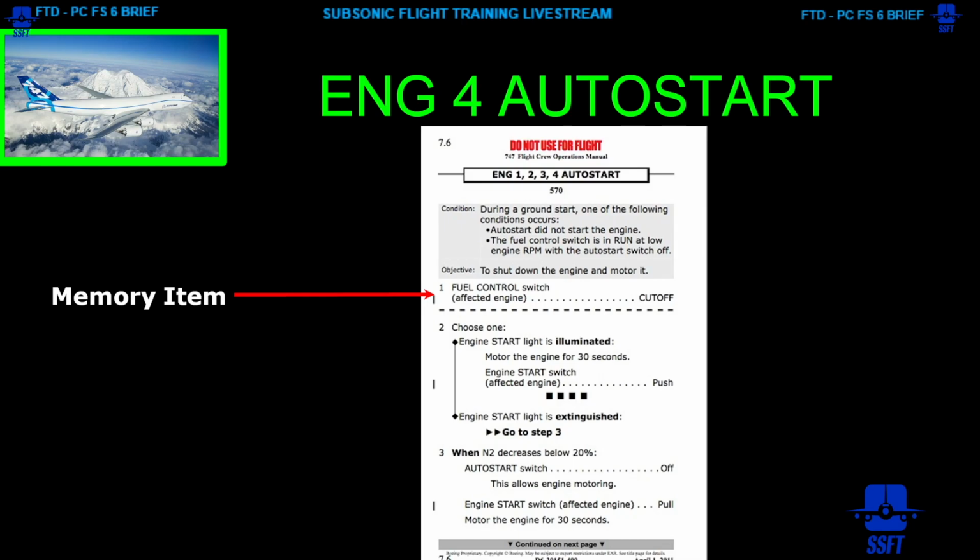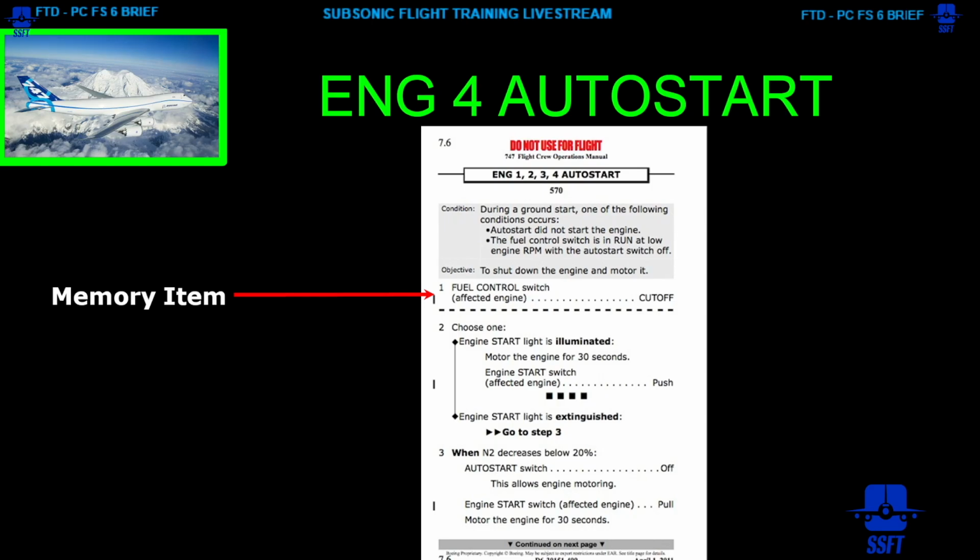So if we didn't have the oil pressure increasing, then we would do the aborted engine start checklist, which does have a memory item associated with it, which is the same as the memory item in the auto start procedure. And that is to bring the fuel control switch for the affected engine, whether it be number 1, 2, 3, or 4, to cutoff.